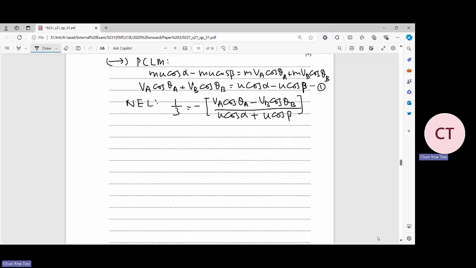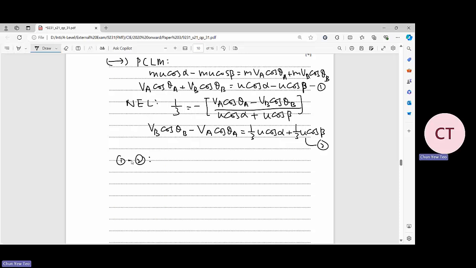So over here, I will get VB cos theta B minus VA cos theta A is equal to 1/3 U cos alpha plus 1/3 U cos beta. I call this equation number 2.